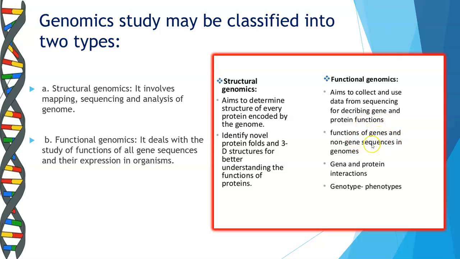Functions of the genes and non-gene sequences in the genome are understood, and then the gene and protein interactions are observed and studied. You also have a look at the genotypes, phenotypes of an organism by understanding the functional genomics concepts.